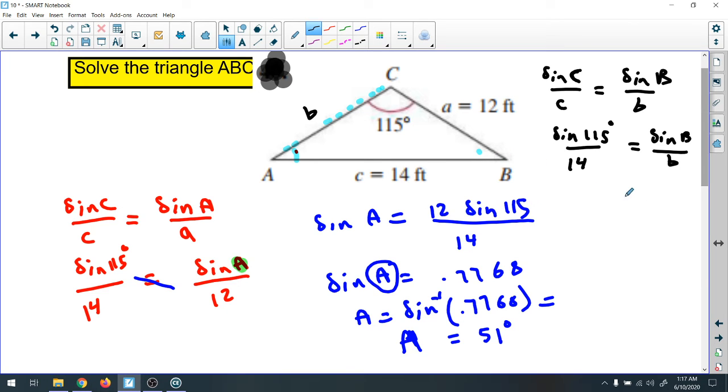In separate notes, we add 115 plus the angle that we got: 115 plus 51 degrees equals 166 degrees, and then subtract it from 180 to get B. So 180 minus 166 equals about 14 degrees, a very small angle.